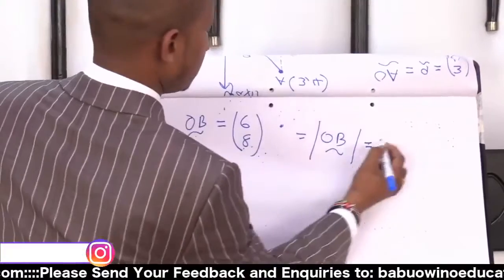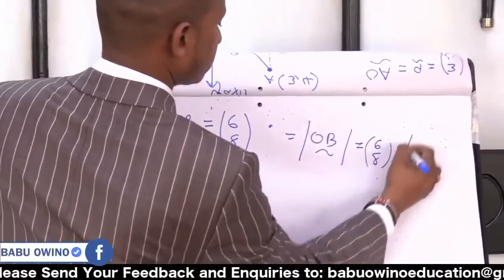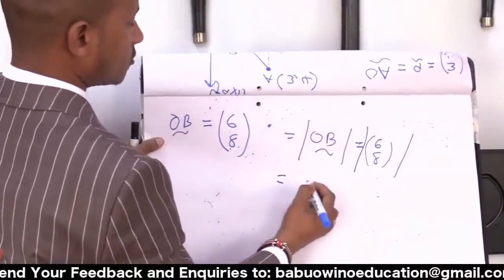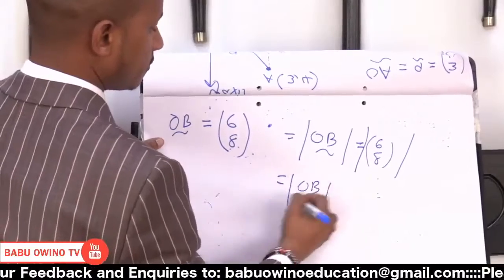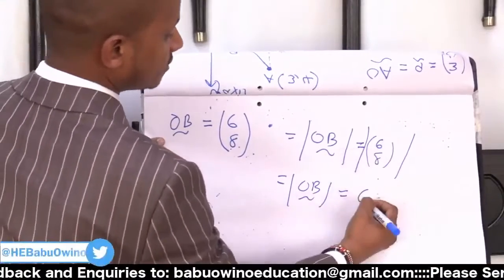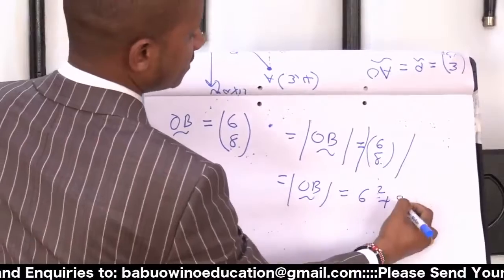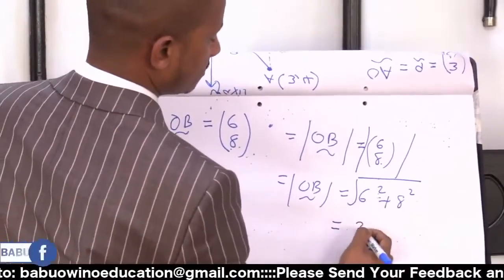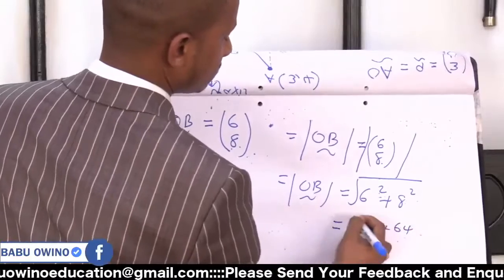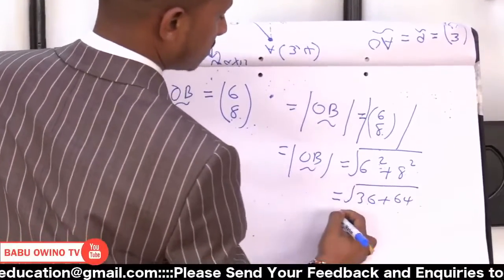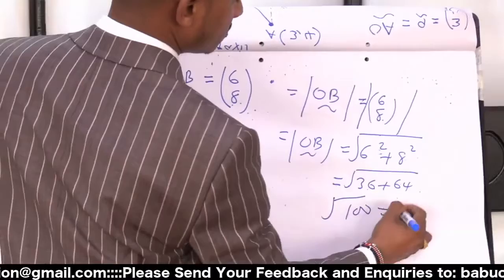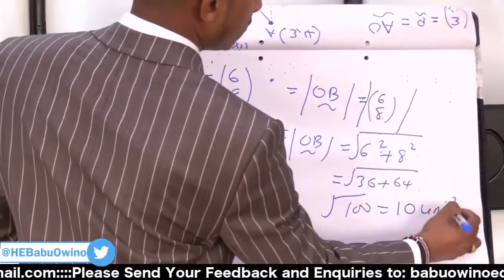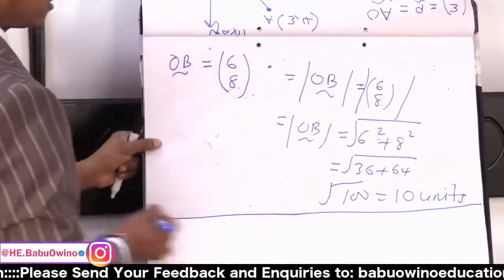Then you simply say the modulus of (6, 8) equals the square root of 6 squared plus 8 squared. Then just find the square root. So you get the square root of 36 plus 64, which is the square root of 100, which is equal to 10 units.